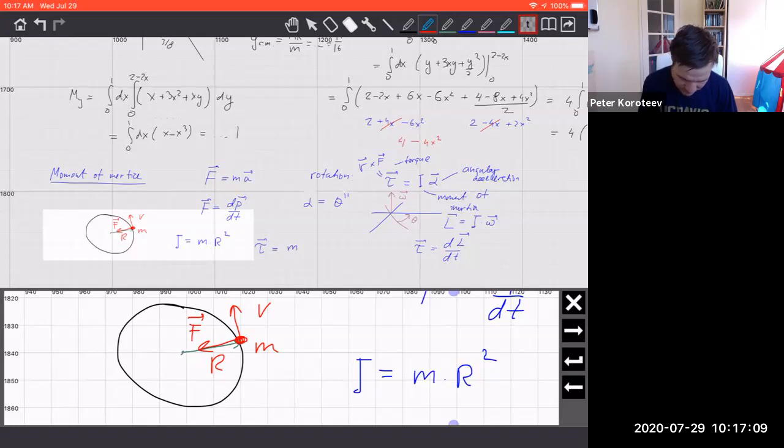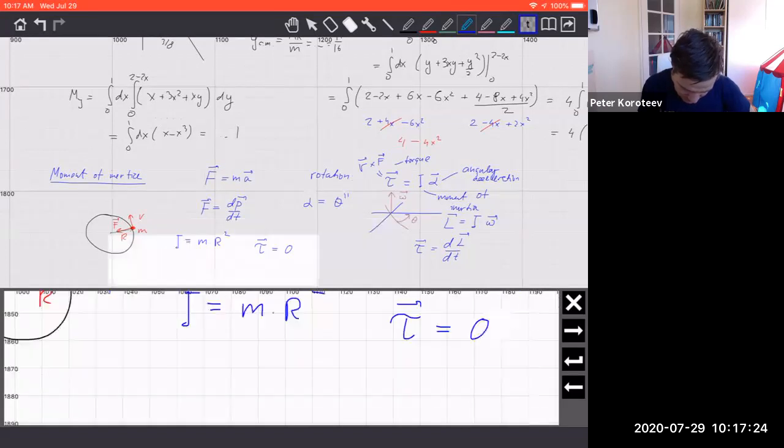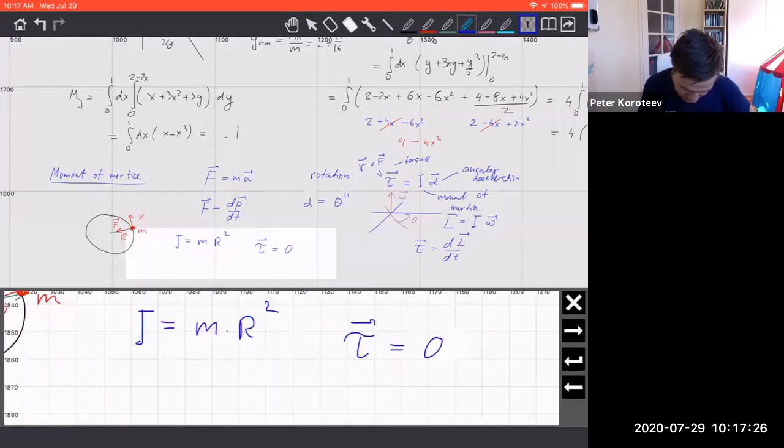So in this case, torque is equal to 0. It rotates at a constant speed. But the moment of inertia is m r squared.